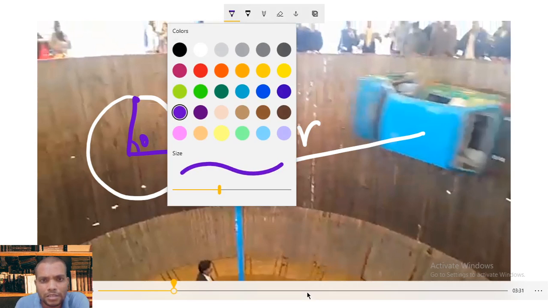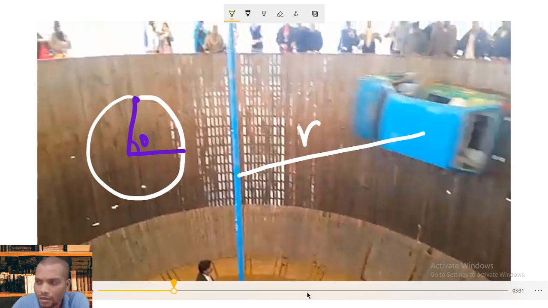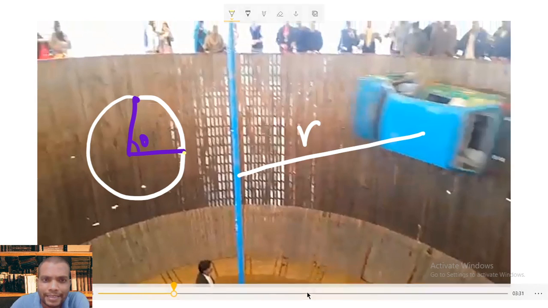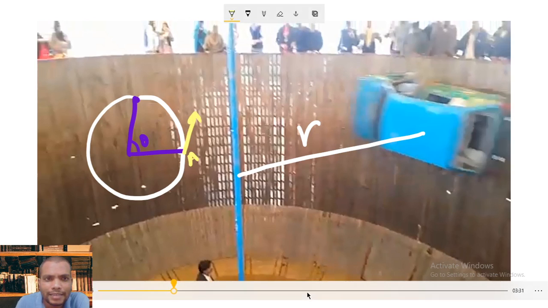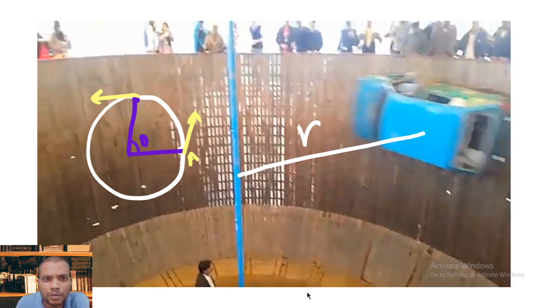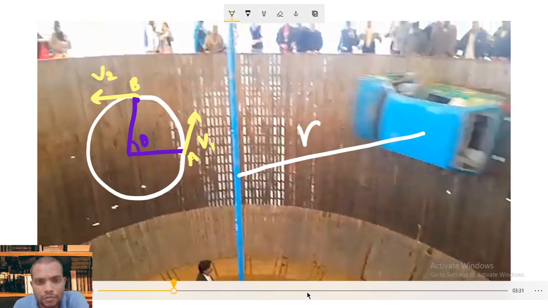And if that is position, where is the velocity? If you draw a tangent here at point A, and another tangent here at point B, these two represent the velocity here and the velocity here, v1 and v2.